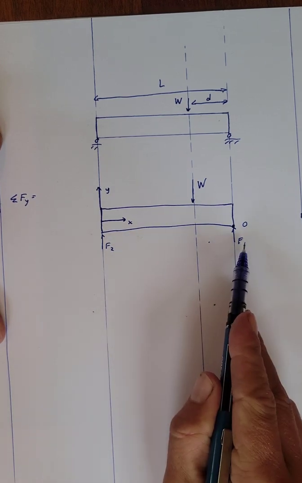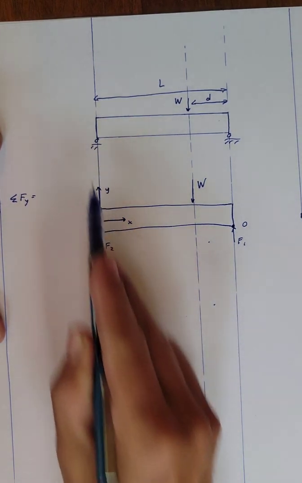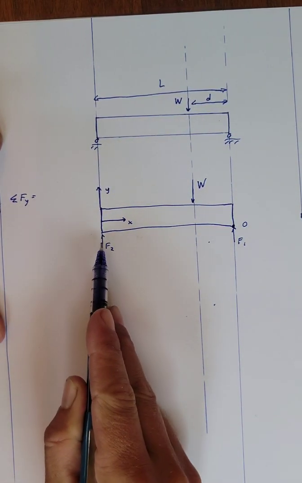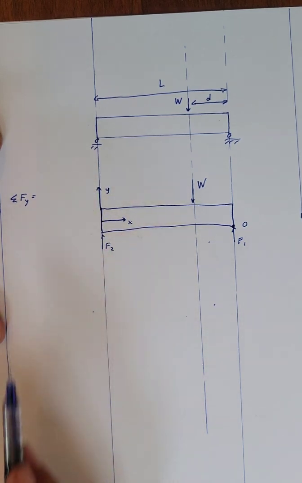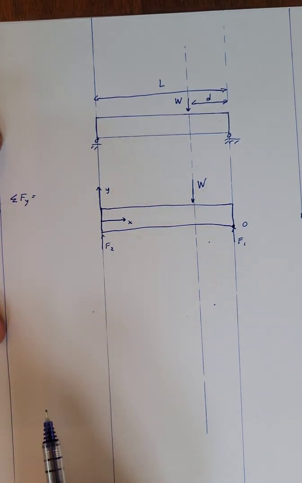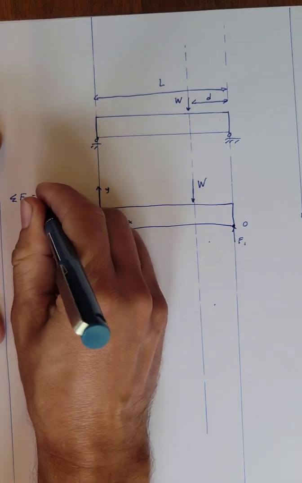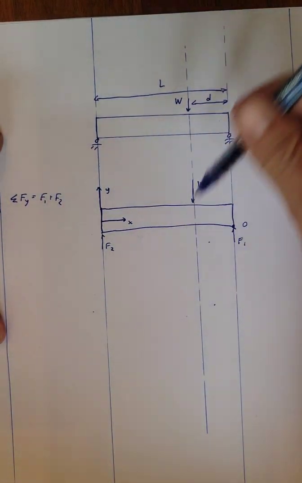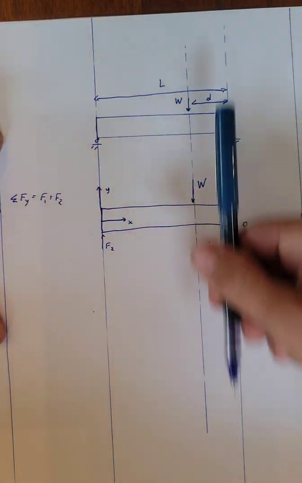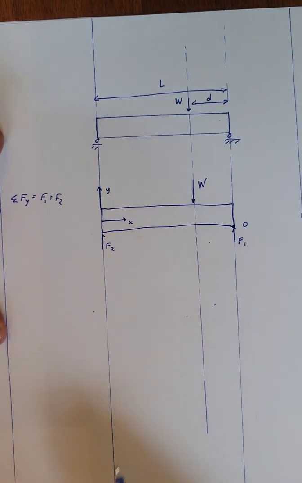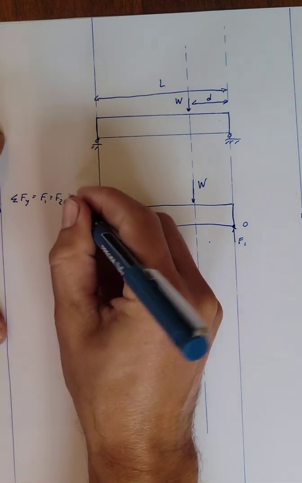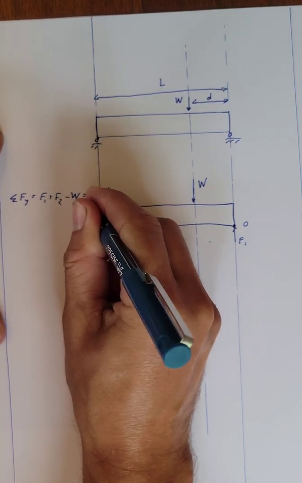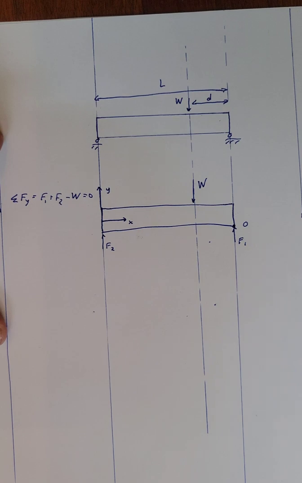So we have two reaction forces acting in the positive y direction, meaning that these forces are pointing in the direction that we've pointed y in. And so we get F1 plus F2. And now W is pointed downward, or opposite the direction of our coordinate system, and that's going to be negative W. And this has to be equal to 0.